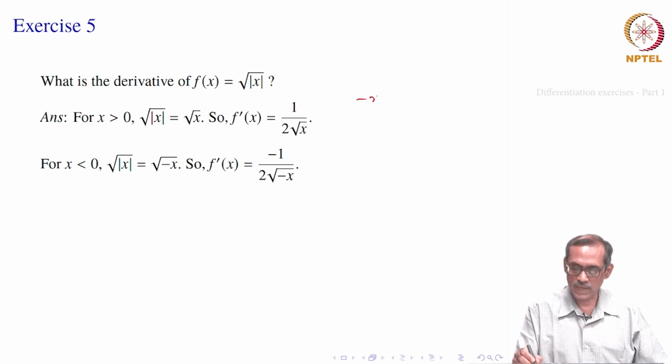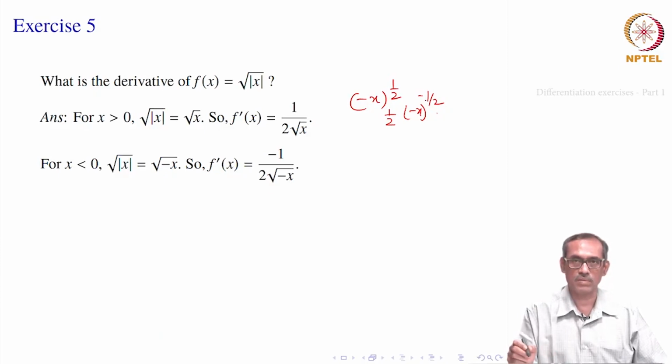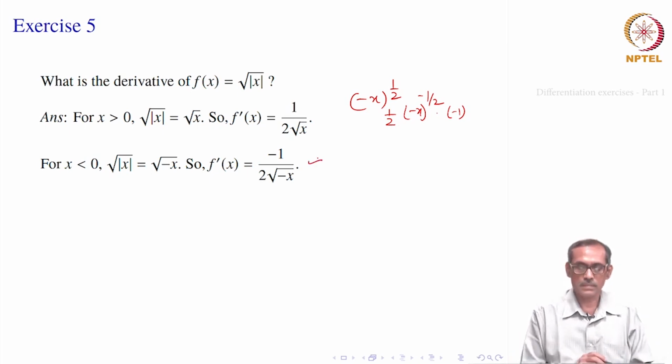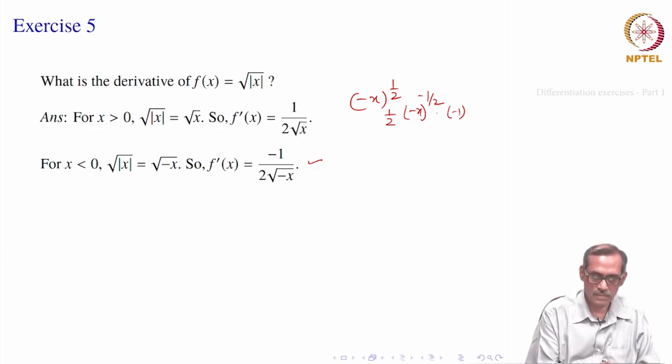So, we get half times minus x to the power minus half, and then d of minus x with respect to x gives minus 1. So, you get minus 1 divided by 2 square root of minus x. Since x is negative, the square root of minus x is meaningful.